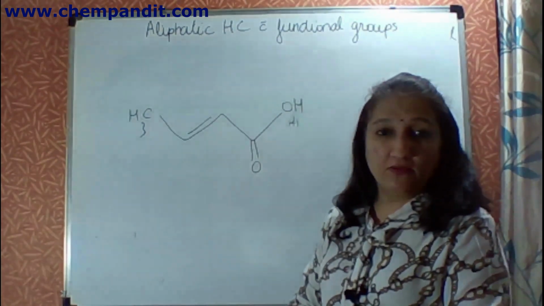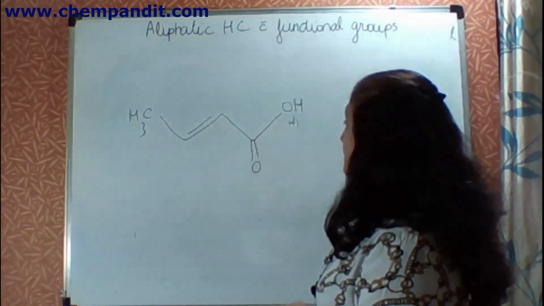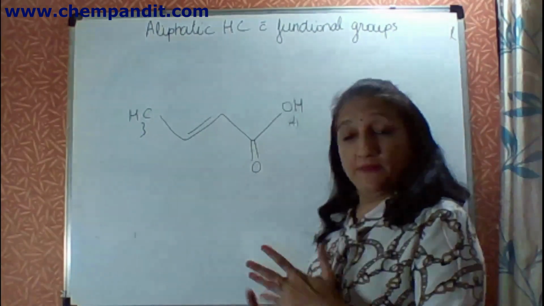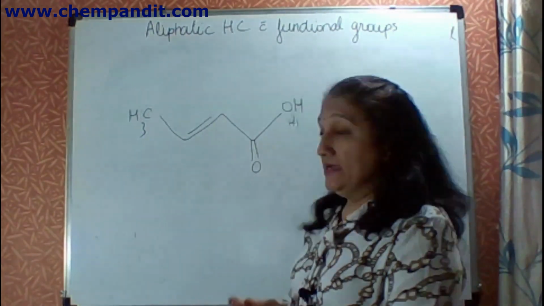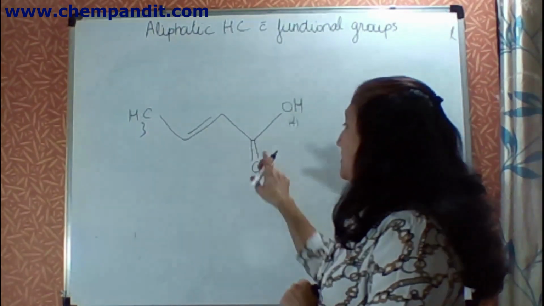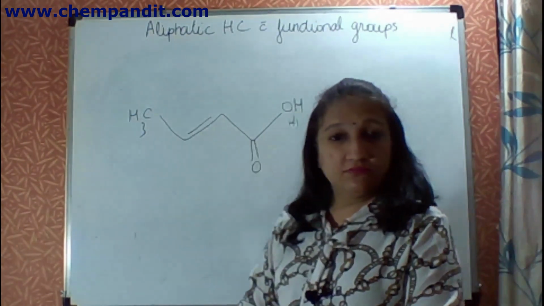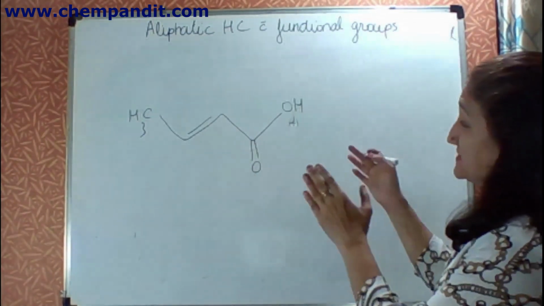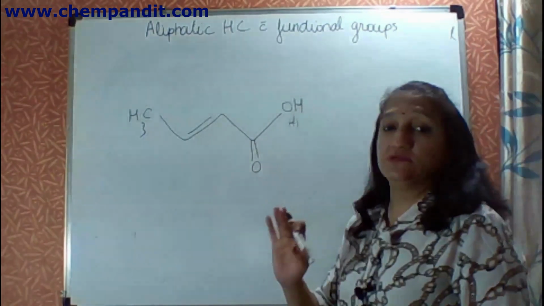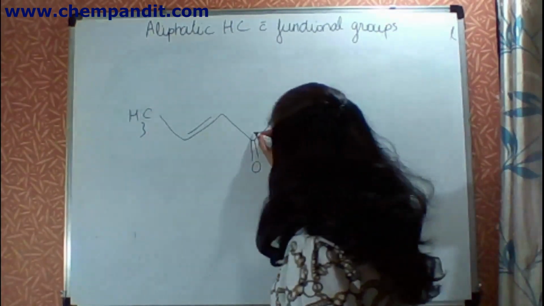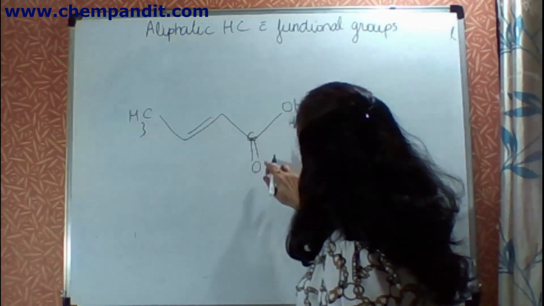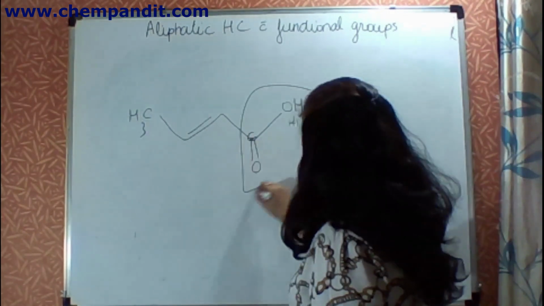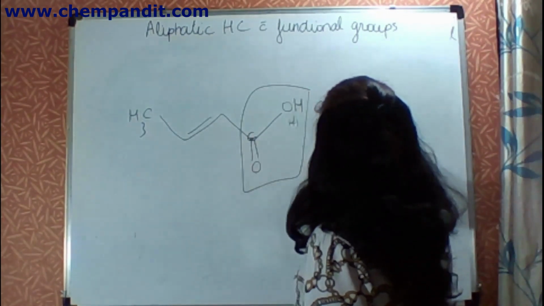Now this compound has multiple functional groups. How? It has a hydroxyl group and a ketonic group. Is it so? Try to identify. Now in this case, you need not get confused. Why? Because this is a carbon atom, COOH. This is a carboxylic acid group.